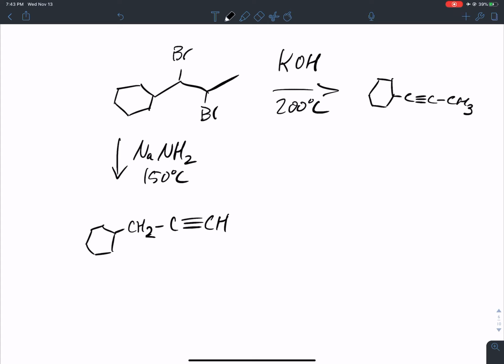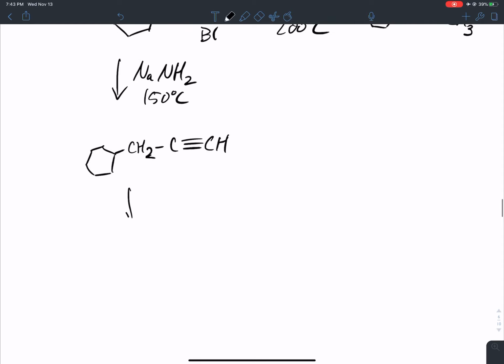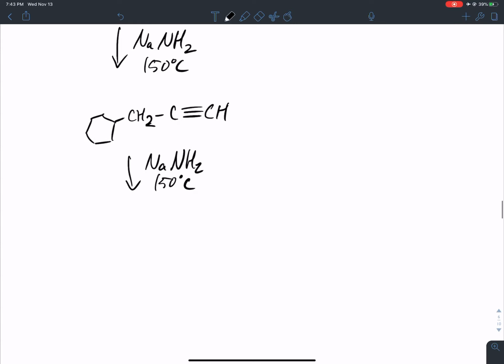But this reaction will continue under the same conditions, same reagents, to give you this acetylide anion, or acetylide-like anion.